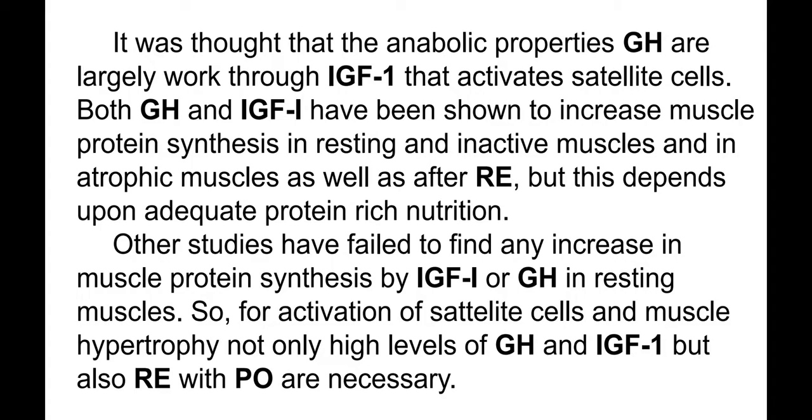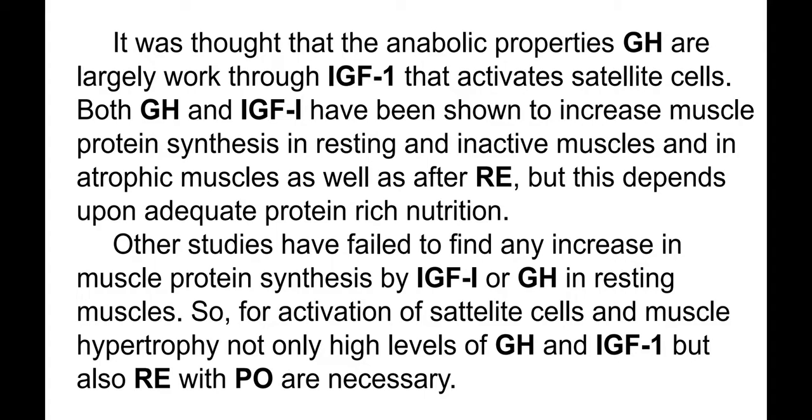So it is activation of the satellite cells. Satellite cells merge with the muscle cells, and they increase production of protein in the muscle cells. They increase production of all these protein fibers, and then they also increase the volume of the muscles. And this is all done by insulin-like growth factor 1.